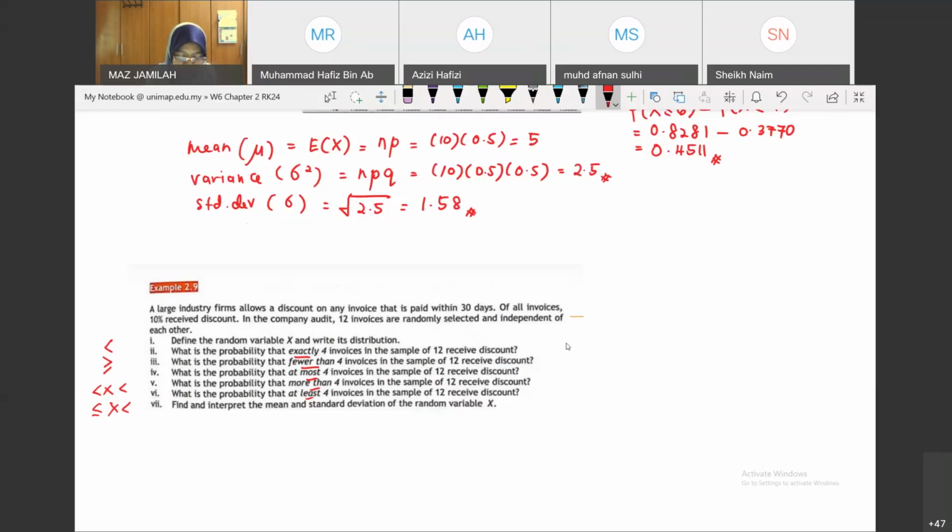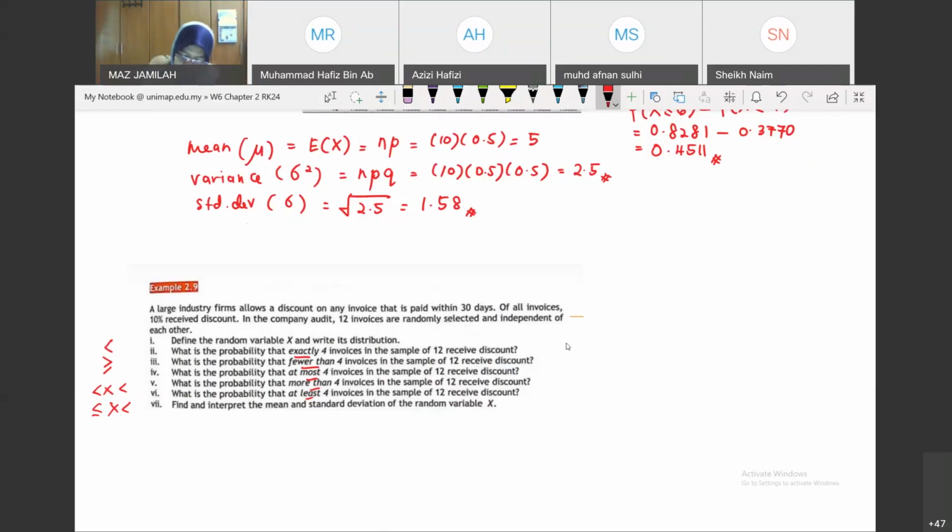In the company audit, 12 invoices are randomly selected and independent of each other. Means that an invoice from company A and an invoice from company B are independent. Okay, so it depends on the days that the invoice is given to the audit company.